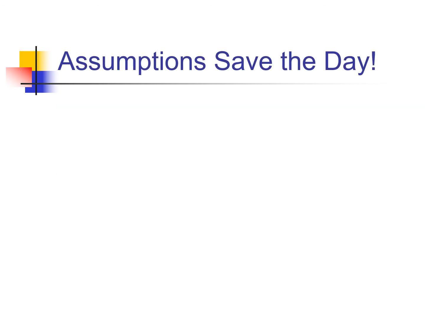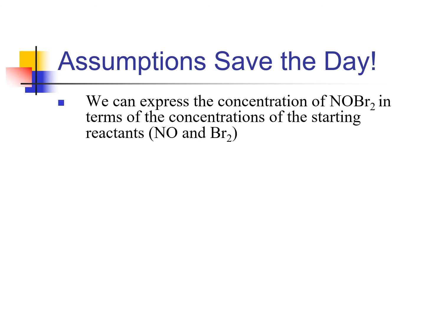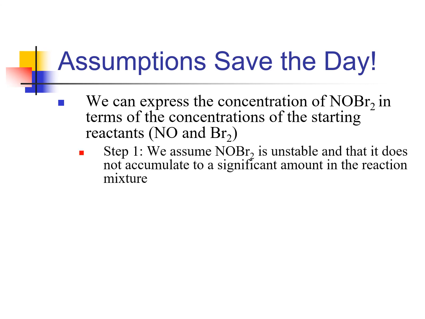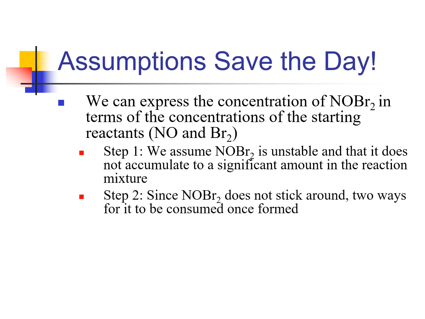So how do we do this? We make some assumptions and we do some math. We can express the concentration of the NOBr2 in terms of the concentration of the starting reactants, NO and Br2. So we're going to assume that NOBr2 is unstable. And there's two ways that NOBr2 can be used. It can react with the NO to form NOBr, like it does in the second step, or it actually falls apart. It breaks apart back into NO and Br2.